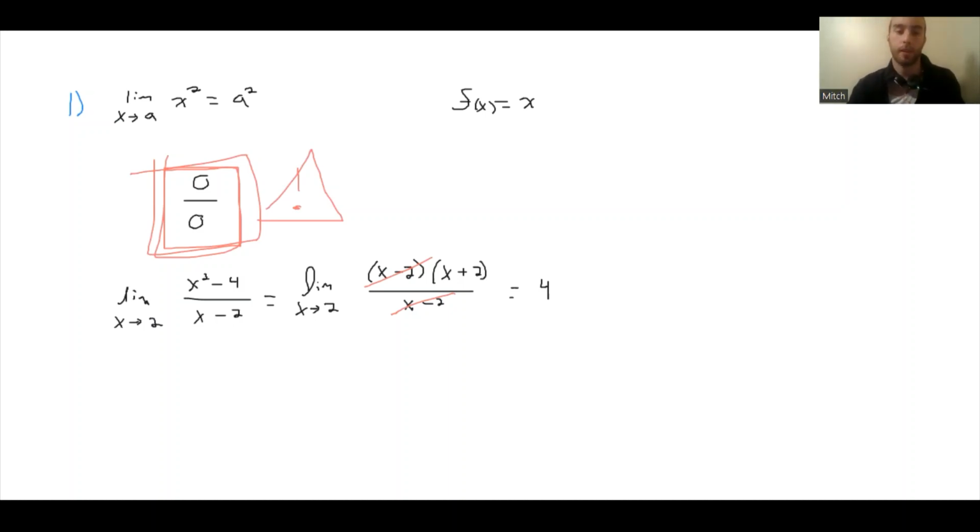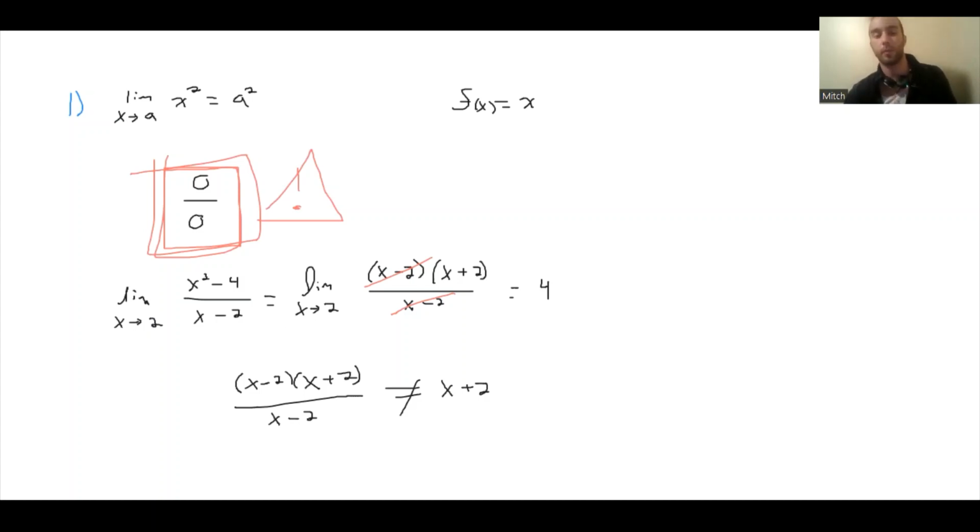And it's really important right here that I kept writing limit as I'm doing the steps, because if I just factored this function, if I have x minus 2 times x plus 2 divided by x minus 2, it is incorrect to say that this equals x plus 2. It's incorrect just to cancel these two things out. The only reason it's correct up here is because we're taking the limiting case.